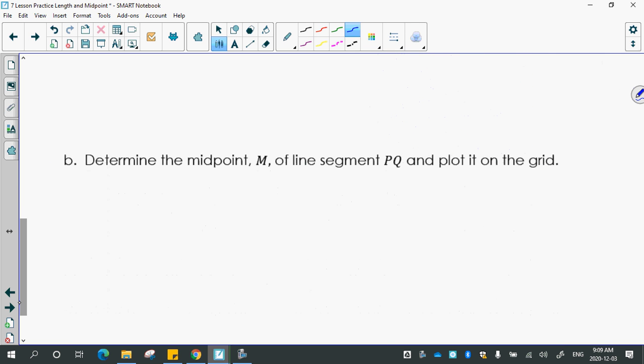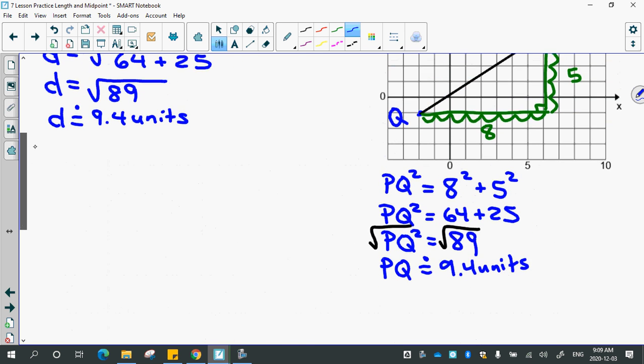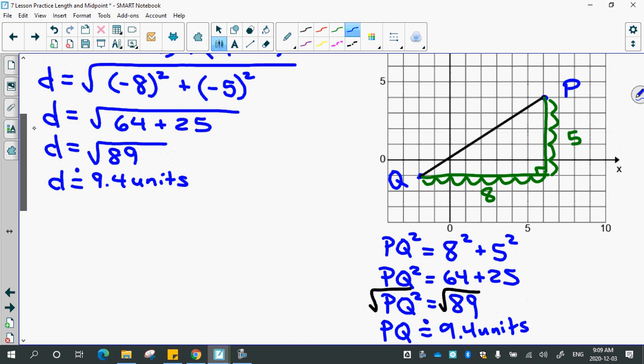Determine the midpoint of line segment PQ and plot it on the grid. So see if you can figure out where the midpoint would be. And then I'll show you how to use the formula to calculate it. Okay?